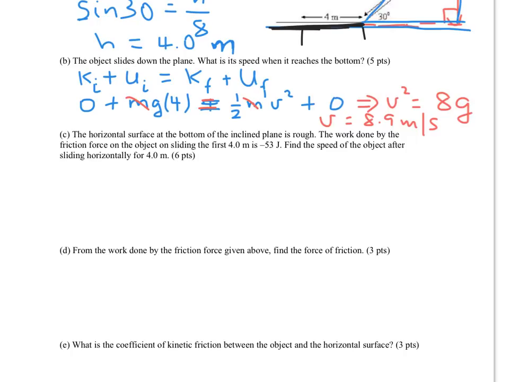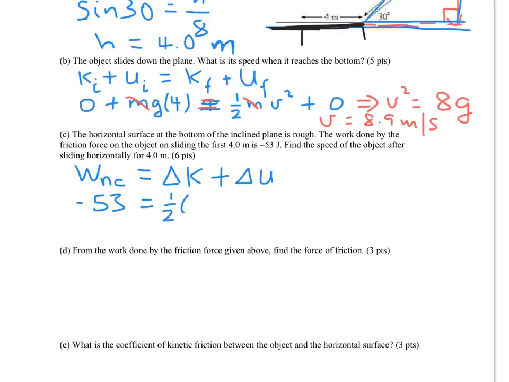Now this one, because you now have a non-conservative force acting, you have to use this. The work done by the non-conservative forces must be equal to the change in kinetic energy plus the change in potential energy. So you are told the work done is minus 53 joules, and the kinetic energy change just means 1/2 mass.